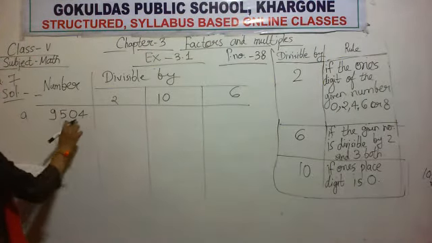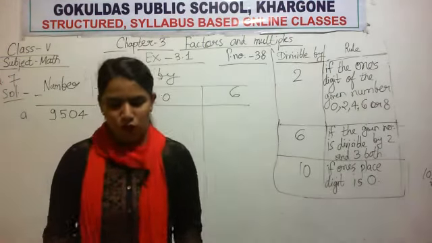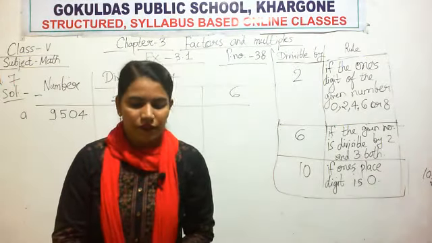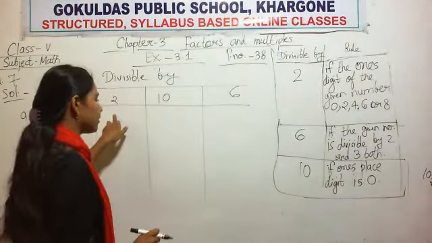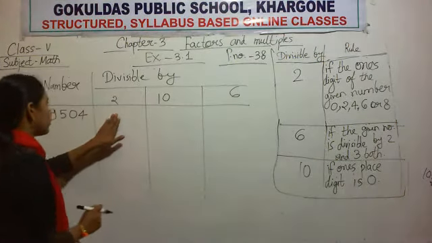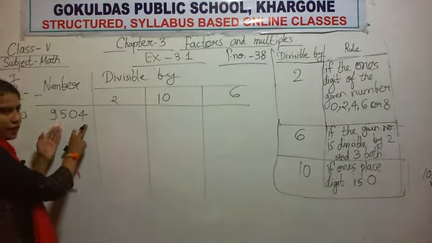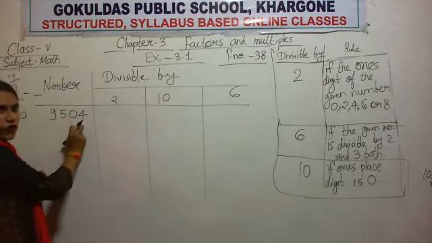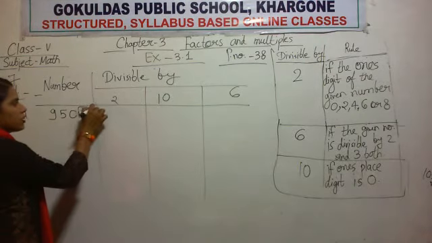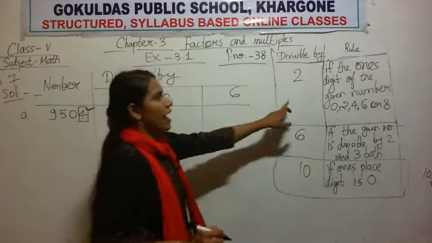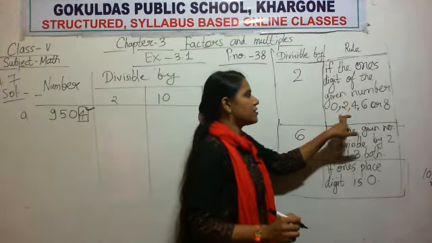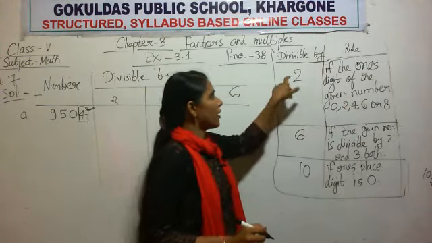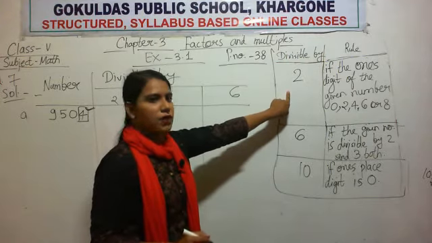9504. Your number is 9504. Let us check the divisibility by 2. The ones place digit is 4, and if the ones place digit is 4, then you can conclude that the number is divisible by 2.